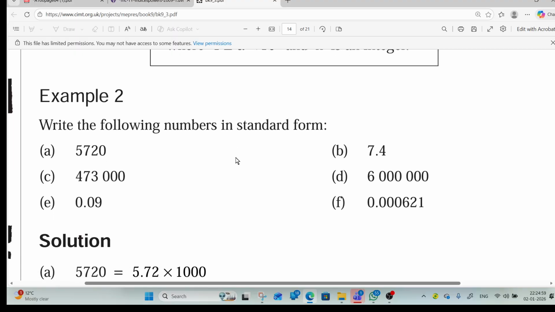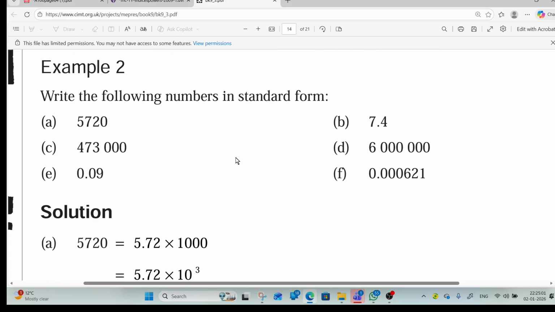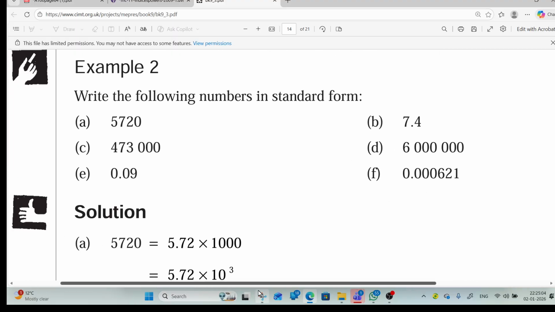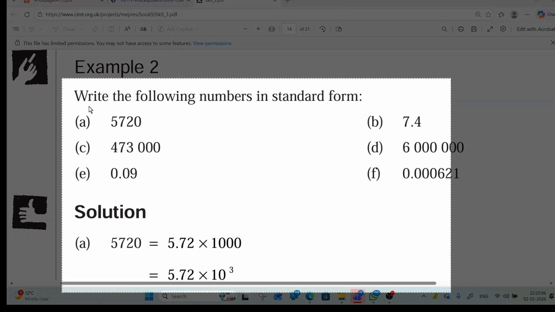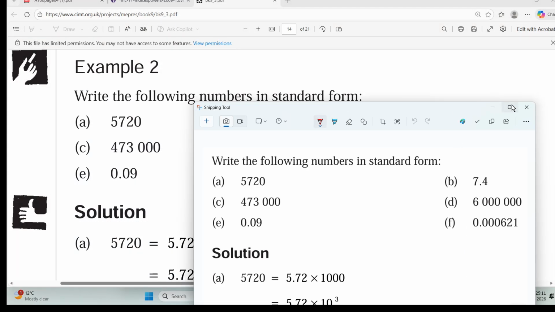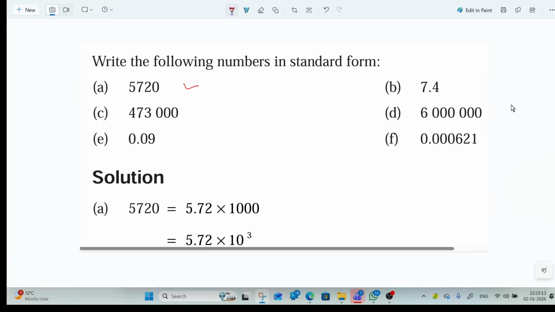Let's understand with the help of an example. We have to write these numbers in standard form. If you see the first one, we have 5720. So in standard form we write like this, right? So a means any number which should be less than 10. So if I put a decimal here, before 7, so 1, 2, 3.